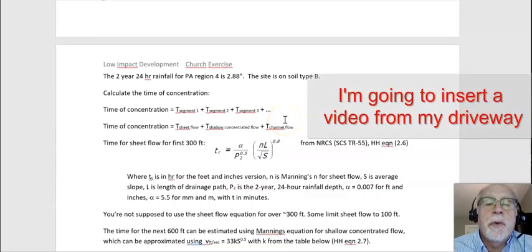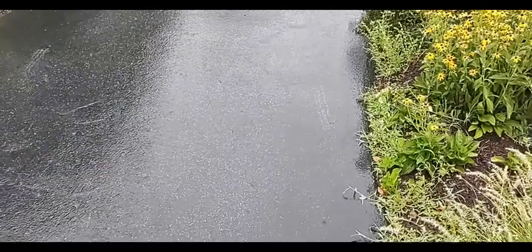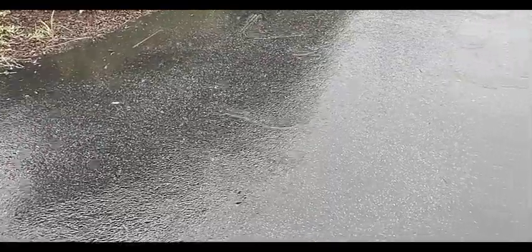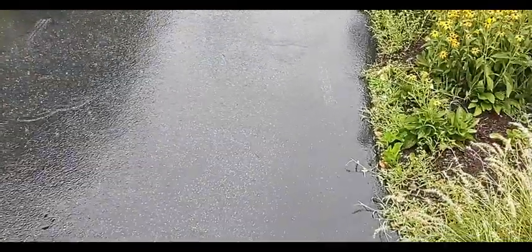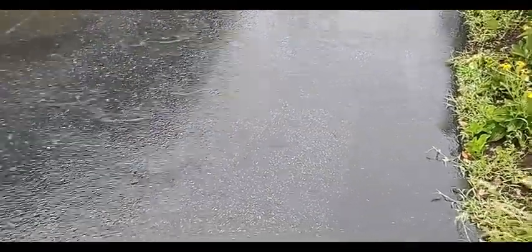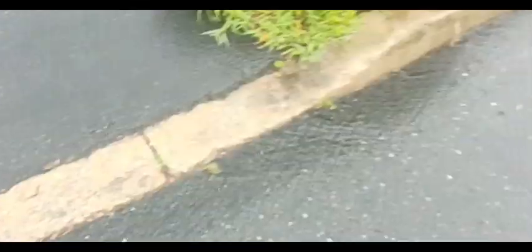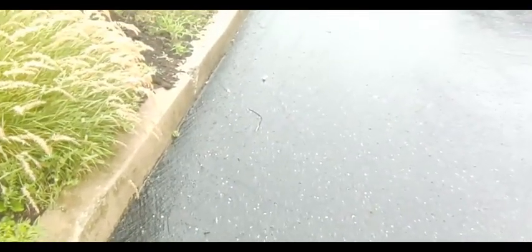Also, if we have a long flow path, I don't know if you can see that, the water is running down the driveway here, and you can see it kind of runs off in sheets, but then it wants to get itself into what we call a shallow concentrated flow, and then to a channel flow.